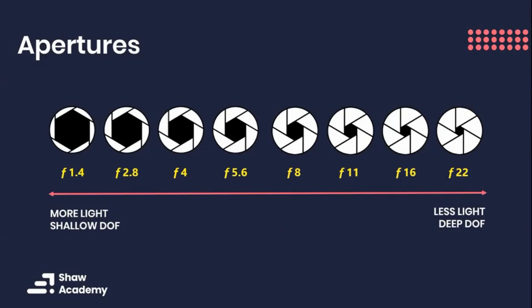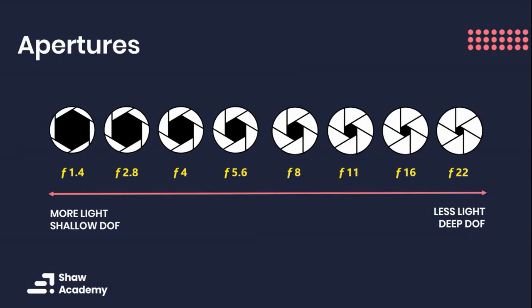But as we can see very clearly, the lower the f-stop number, the wider the aperture is, meaning that more light passes through. Now, more light has a creative effect as well. It means that we also have a shallow depth of field. With less light, when we're using higher aperture values, so a very bright sunny day, we might decide that we need to use a high f-stop value, but that's also going to give us a deeper depth of field.